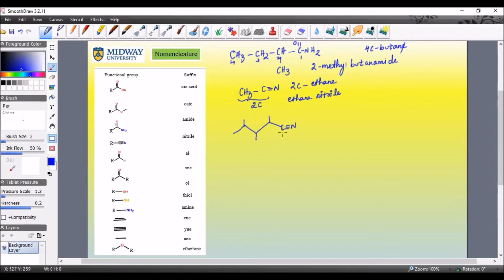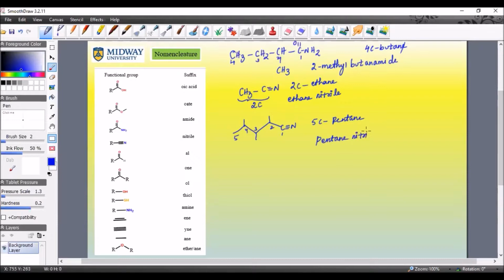Again, you start numbering from the side containing the functional group and identify the longest chain. So it'll be 1, 2, 3, 4, 5. So that's my longest chain, which is 5 carbons, which is pentane, right? So it'll be pentane nitrile is the last name.